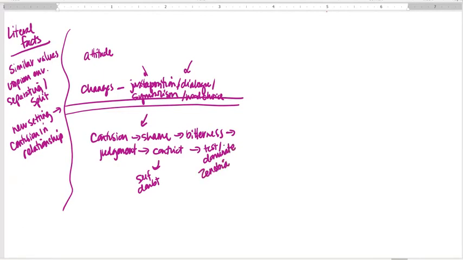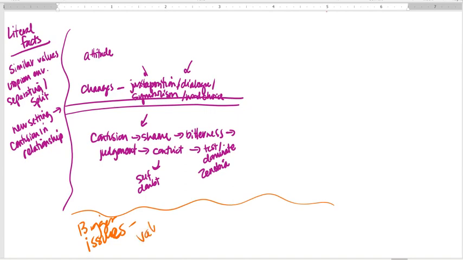So I'm always thinking too, and I'm going to switch colors here a little bit so that we can see the change in emphasis, about bigger issues. And this part of my planning has already led me to think that there's a clash in values, that maybe the narrator is intimidated.